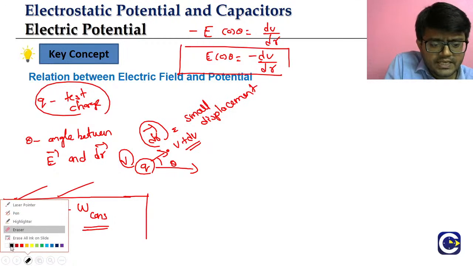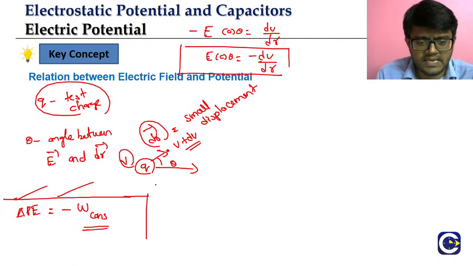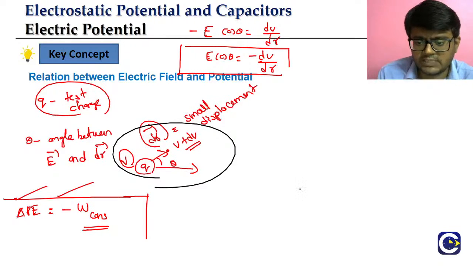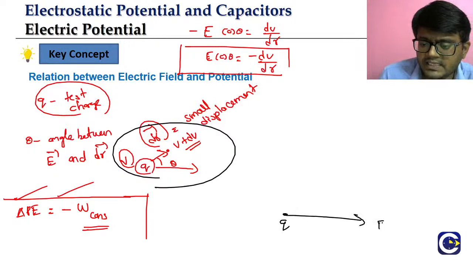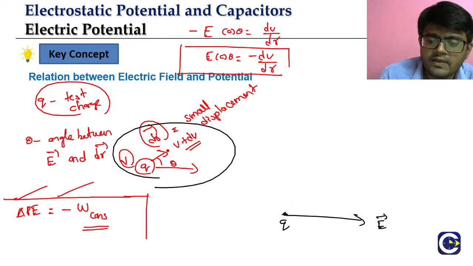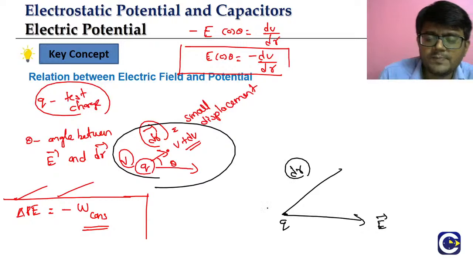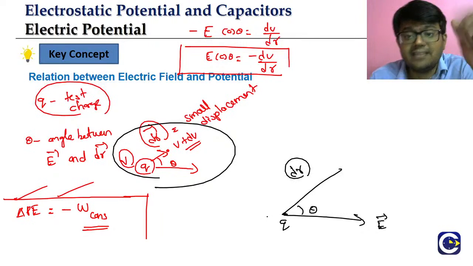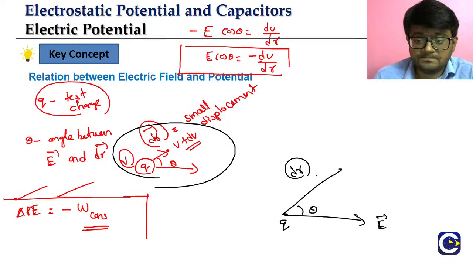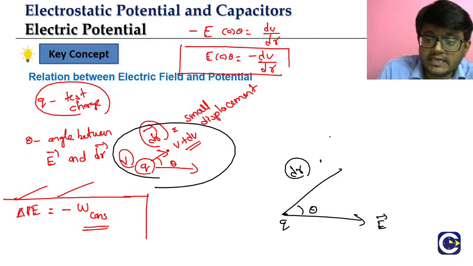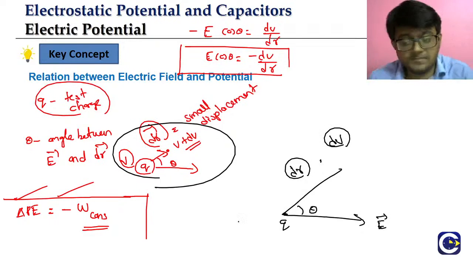See, in the same diagram, let us enlarge it and represent it here. Let's say we have the charge Q. The electric field is in this direction. We are giving a displacement dr at an angle theta. So in a certain direction we are giving a displacement of dr. In that direction, what is the change in potential dV?